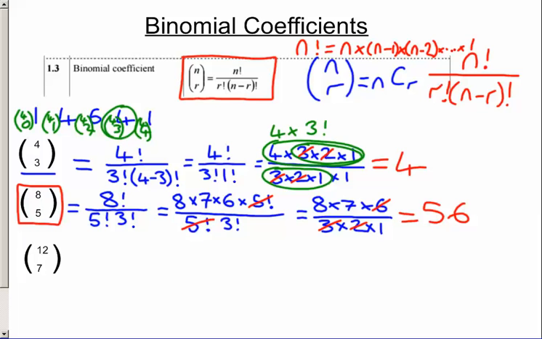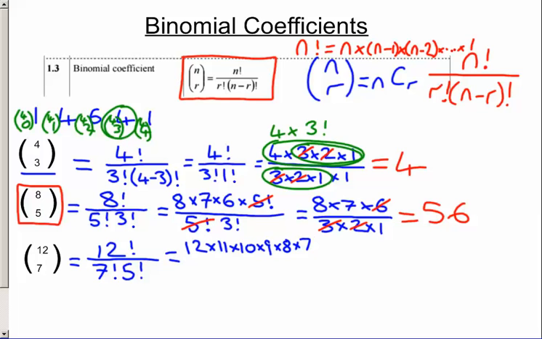The last one is slightly bigger, but we're doing it exactly the same way. It is (12, 7), so it's 12 factorial over 7 factorial and 5 factorial. We write out the numbers on the top until we get to 7 factorial, because we have 7 factorial on the bottom. So it's 12 times 11 times 10 times 9 times 8 times 7 factorial.